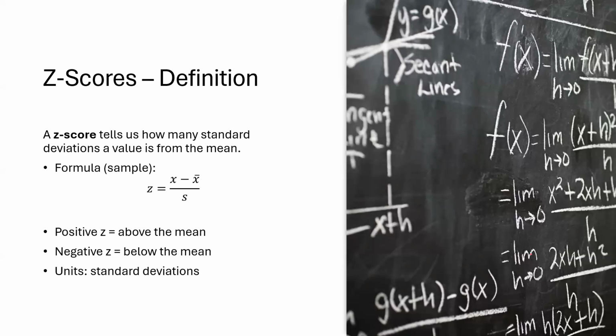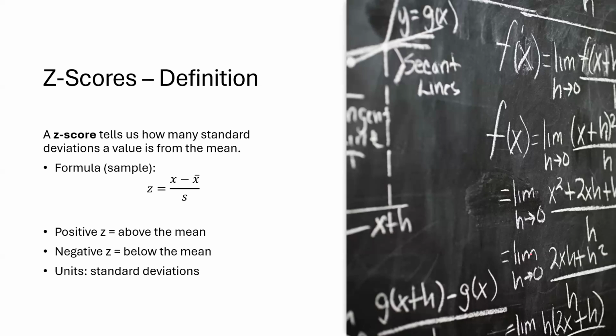The most direct way to measure how unusual a value is is to compute a z-score. A z-score tells you how many standard deviations a value is from the mean. The formula is z equals x, your data point, minus x bar, the mean, over s, the standard deviation.